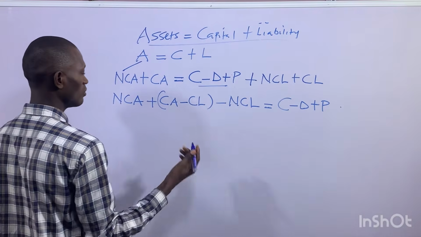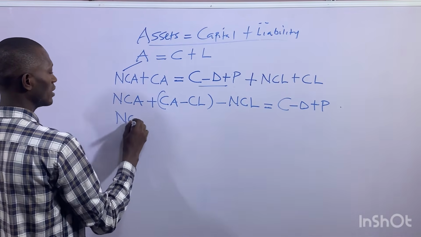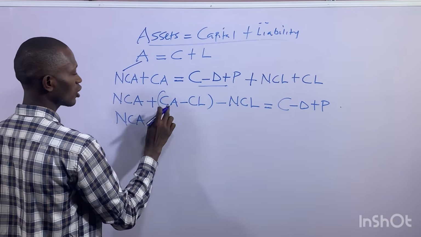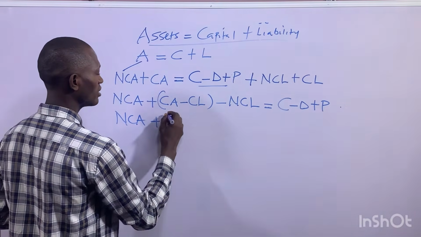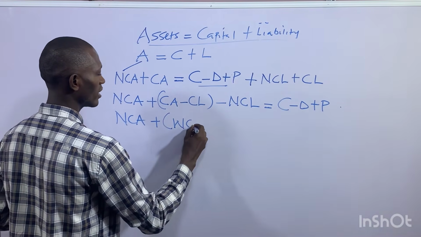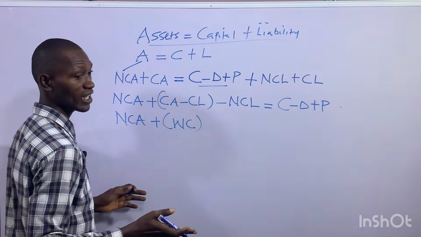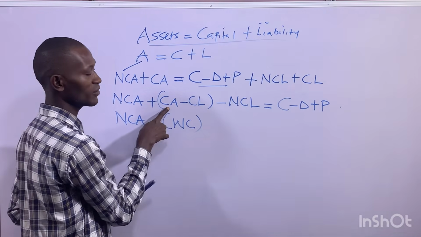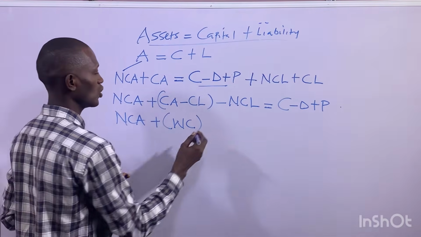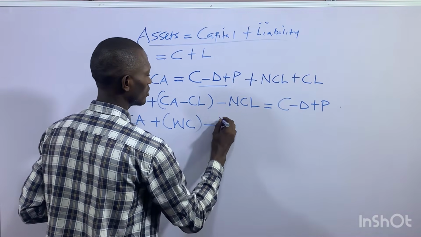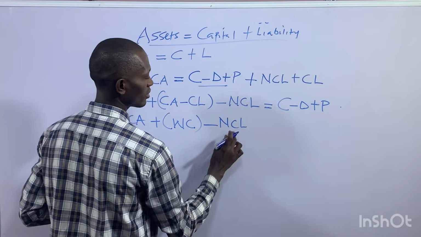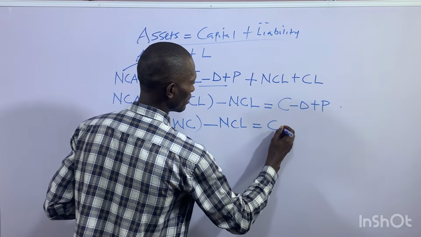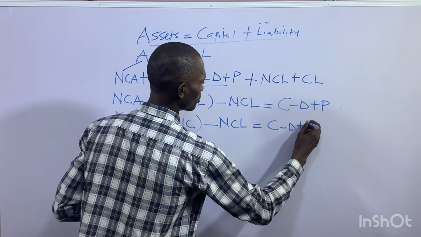So we're almost getting there. So we have non-current assets plus current assets minus current liability will give us working capital. So working capital is gotten by minusing your current liability from your current assets. So minus non-current liability. Then you have equals capital minus drawings plus profits.